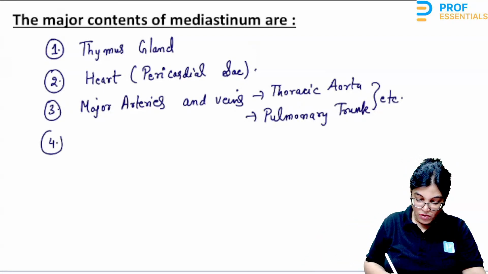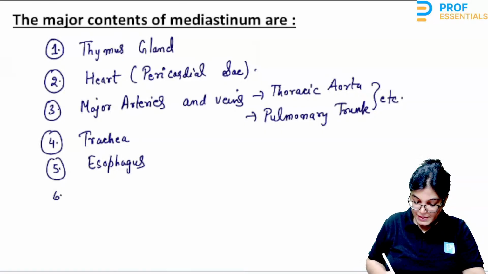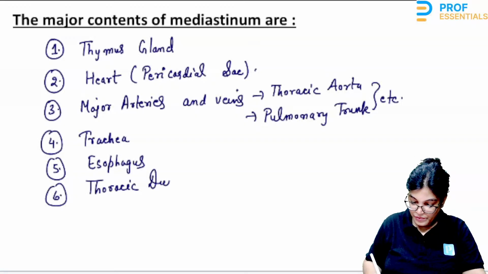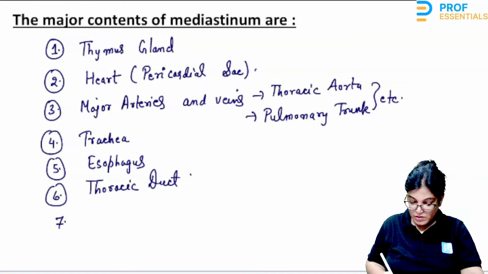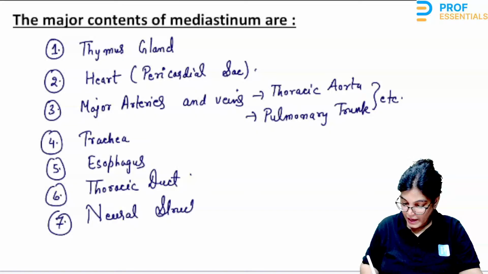Other than that, it will also have two tubes, the trachea and the esophagus. It also has the thoracic duct, the important lymphatic channel. It also has neural structures. What are the neural structures lying in the mediastinum?